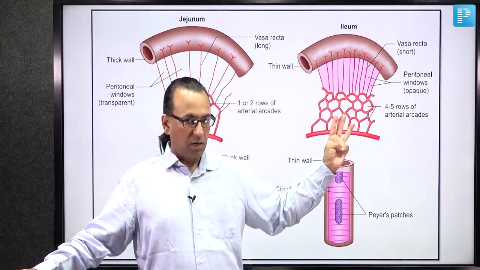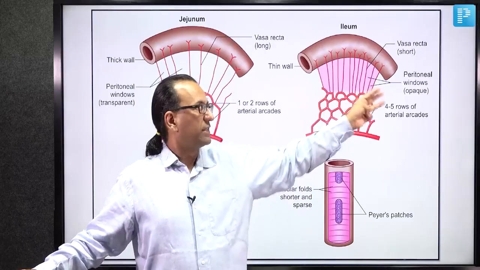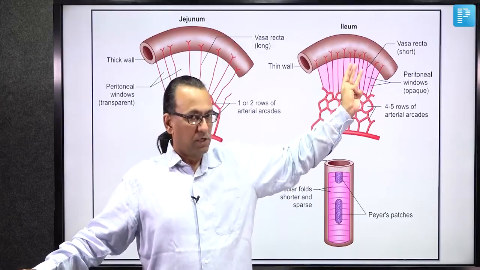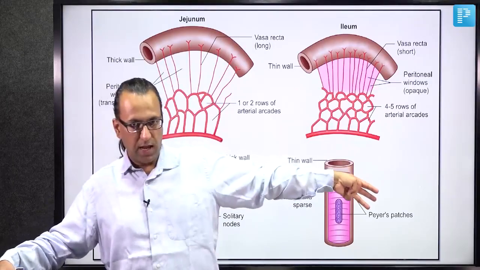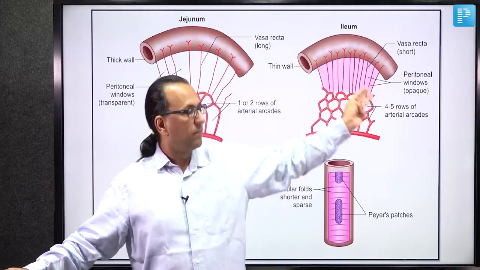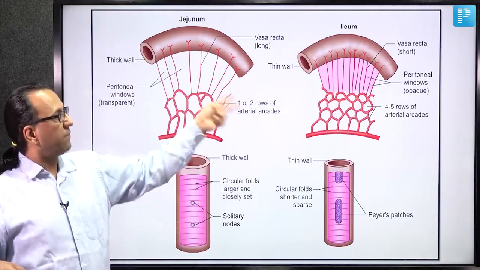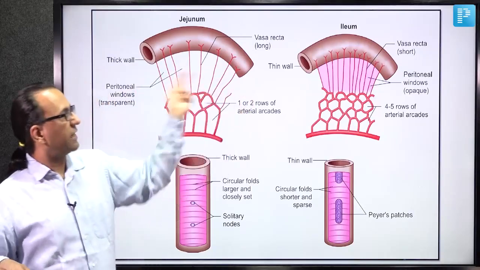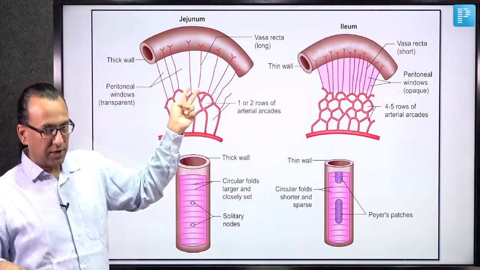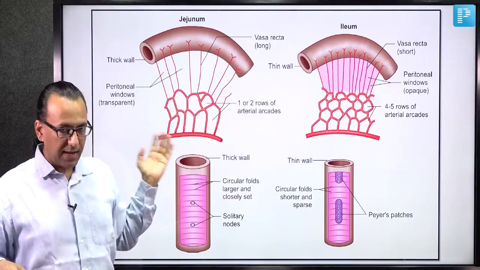And number three, the number of arteries supplying the ileum, the vasa recta or the straight vessels. So three things are more towards the ileum: the lymphatic tissue, the fat in the mesentery, and the number of blood vessels. If you compare the ileum with the jejunum, you will find the number of blood vessels is less, there is less fat in the mesentery, and even the lymphatic tissue is less as compared with the ileum.